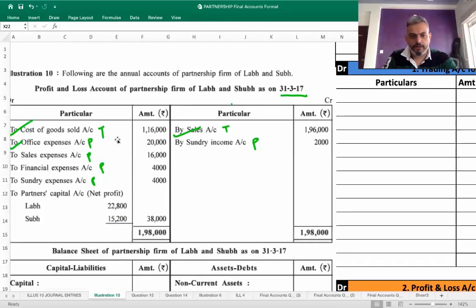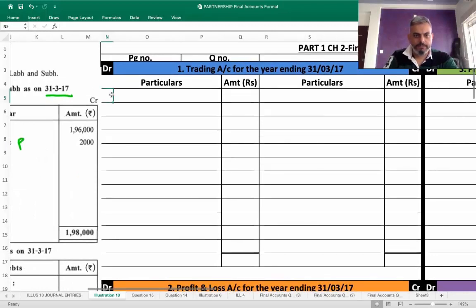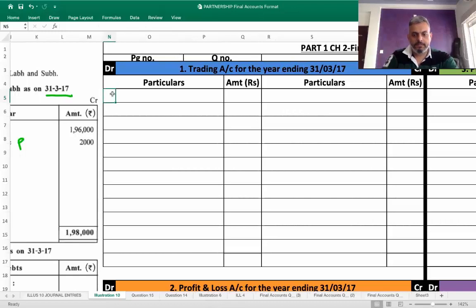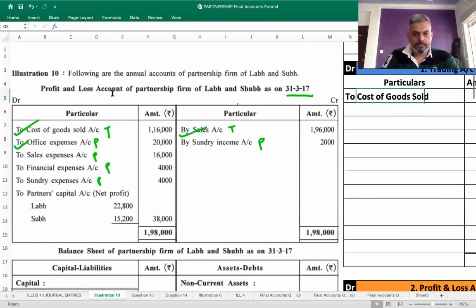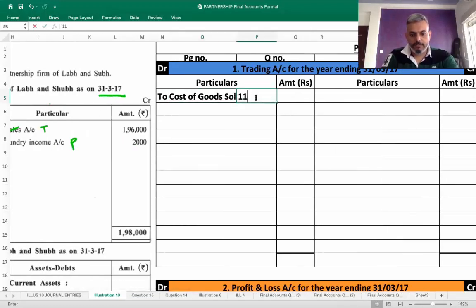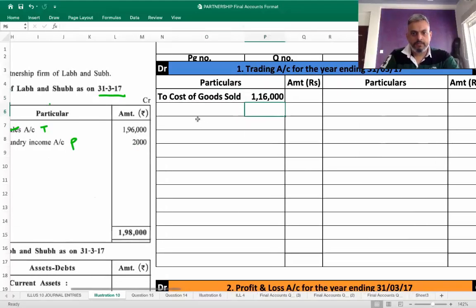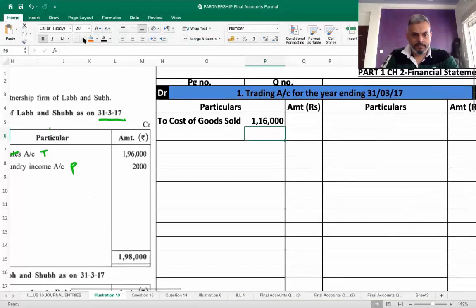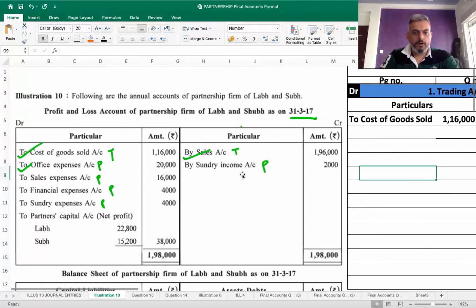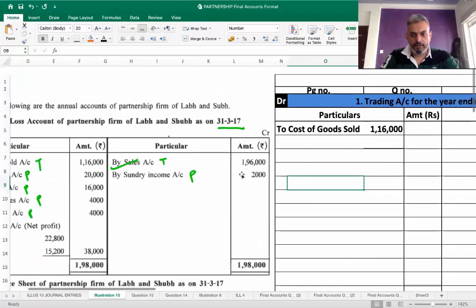Now cost of goods sold, trading account, inner column. To cost of goods sold, 1,16,000. Office expense, profit and loss account.